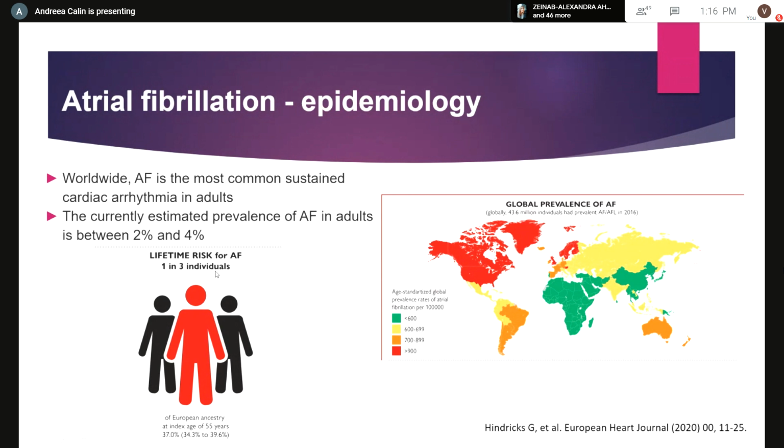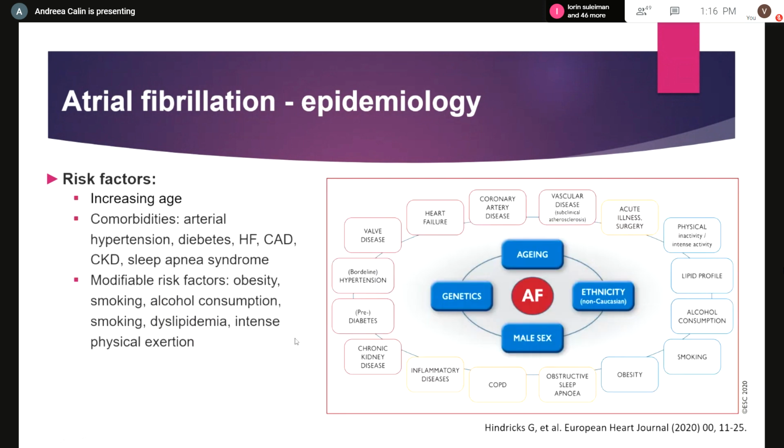As for risk factors, apart from increasing age, there are a lot of comorbidities that lead to atrial fibrillation in the end, and there are some modifiable risk factors that can also lead to atrial fibrillation or temporarily lead to episodes, like alcohol consumption and drug consumption that can lead to frequent episodes of paroxysmal atrial fibrillation.